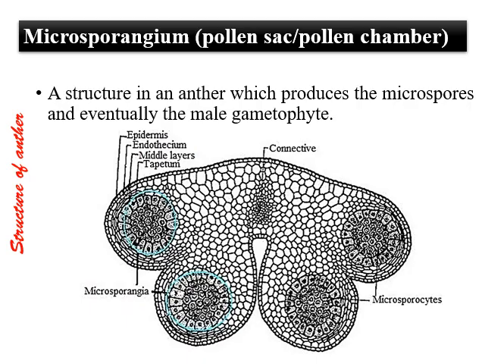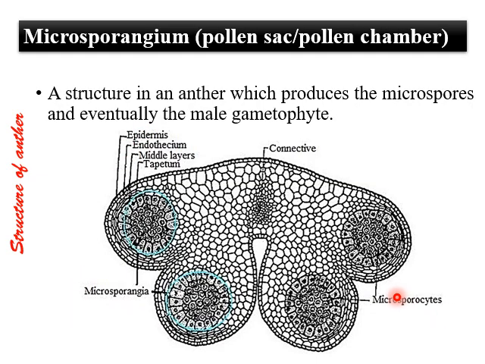If we take a cross section of a mature anther, you can clearly see different regions. The outermost region of the anther is made up of a single layer of cells called epidermis, which is followed by a layer called endothecium.